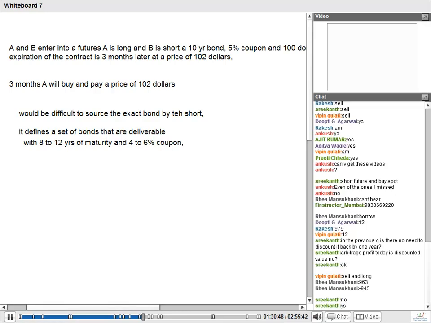Now, if he delivers a 6% coupon bond, so in the market a 5% coupon bond was not available, so he went and bought the same 10-year maturity but a 6% coupon bond and delivered it to A. Should he get $102, or slightly more or slightly less?